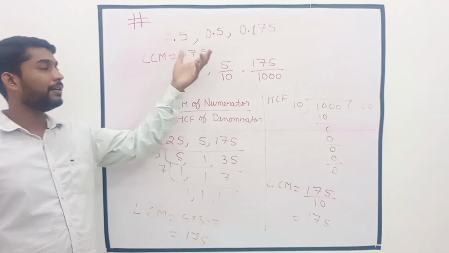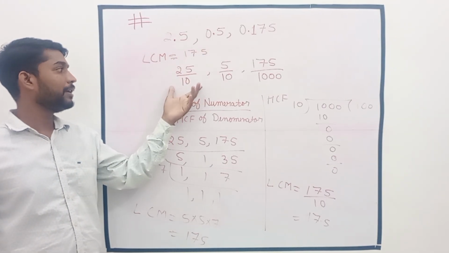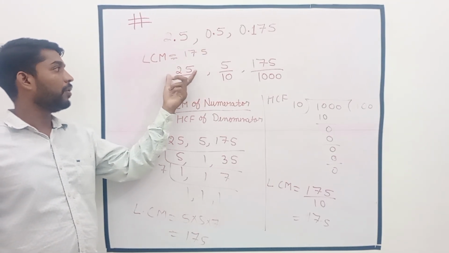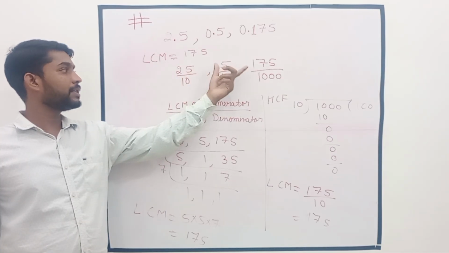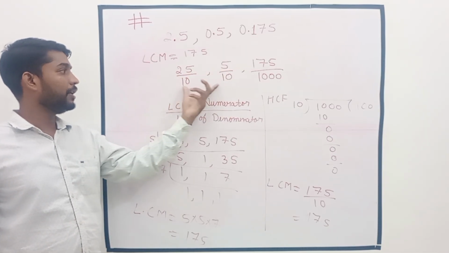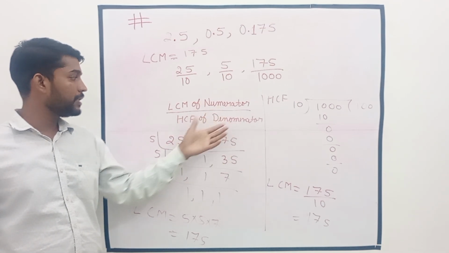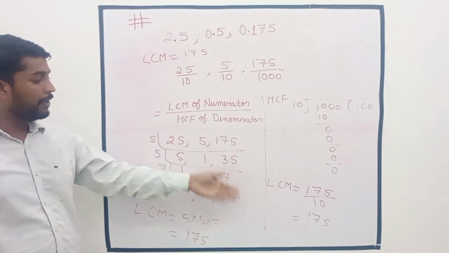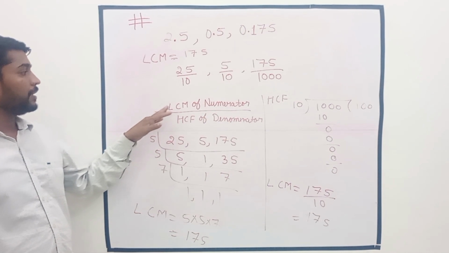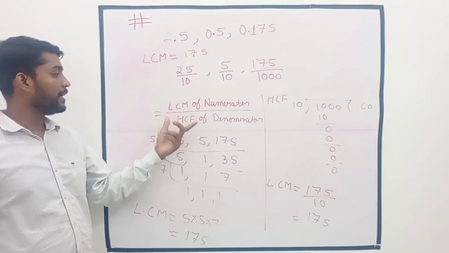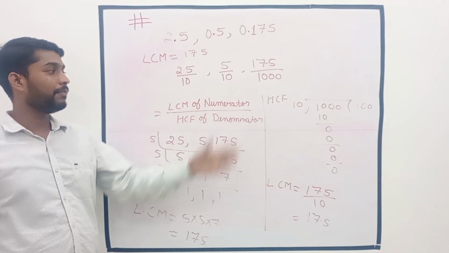If you have any decimal numbers, first change them into fraction form. Calculate the LCM of the numerators and the HCF of the denominators separately, then divide the two.